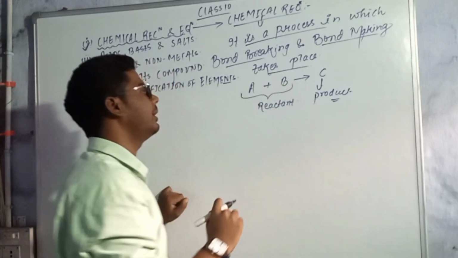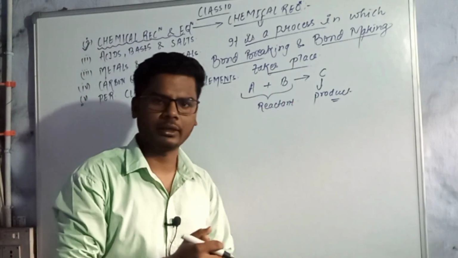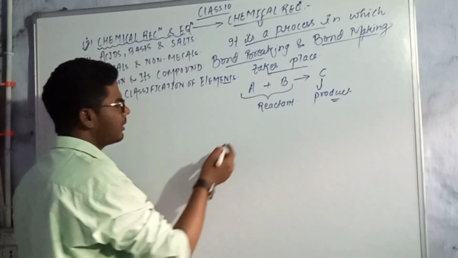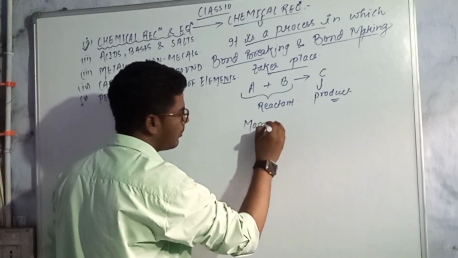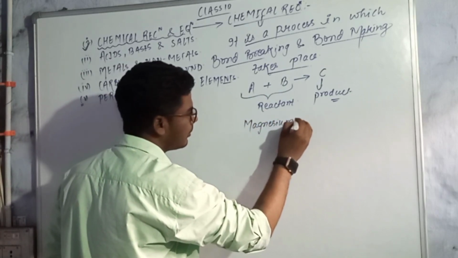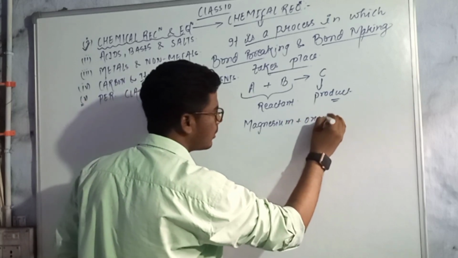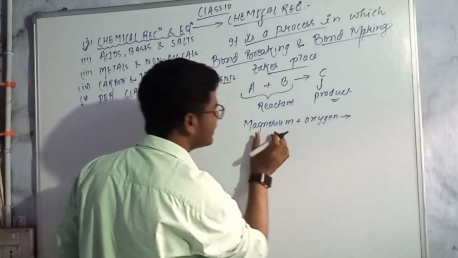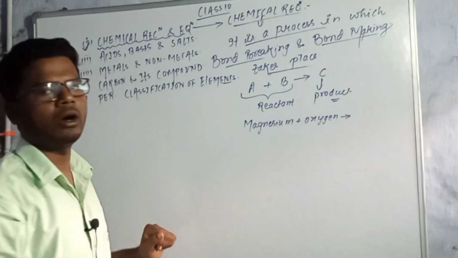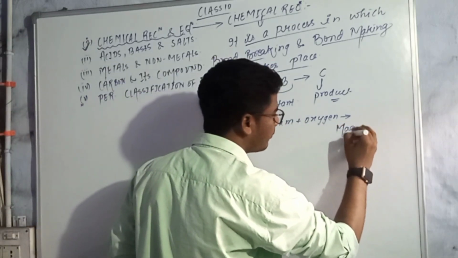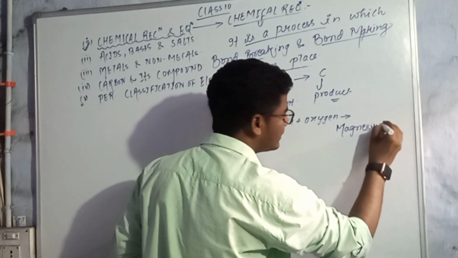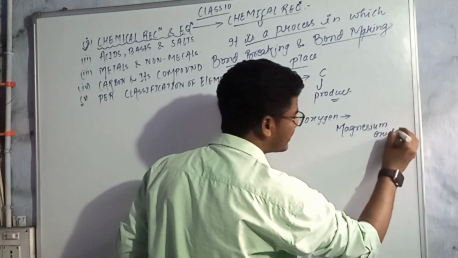Means A and B are reactants and C is the product. One general example of a chemical reaction is magnesium plus oxygen. By the combination of magnesium and oxygen we get magnesium oxide.